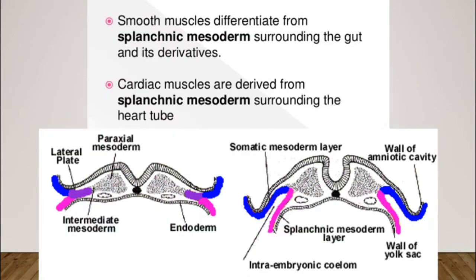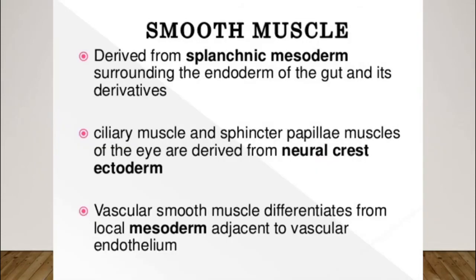Smooth muscles differentiate from splanchnic mesoderm surrounding the gut and its derivatives. So this is the splanchnic mesoderm layer. Cardiac muscles are also derived from splanchnic mesoderm, surrounding the heart tube. How about the smooth muscle?